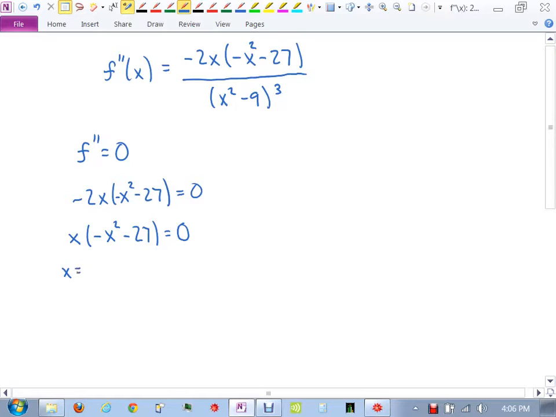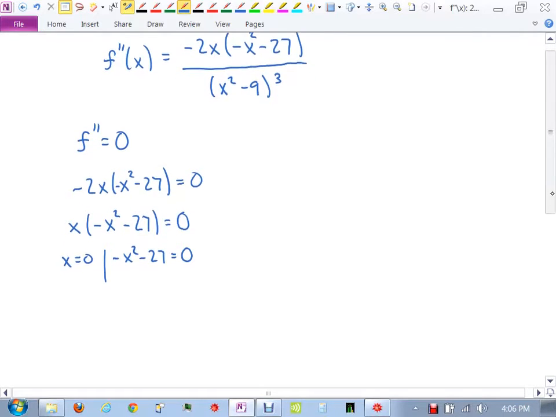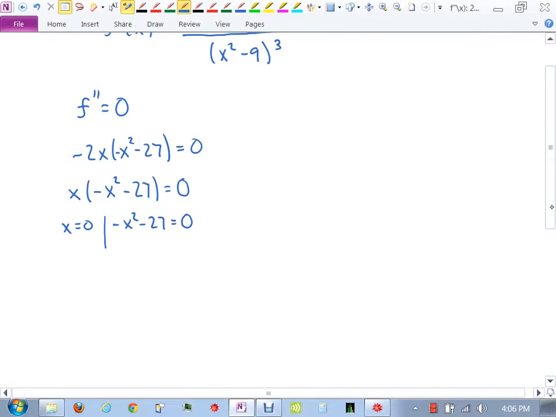I get two things. X equals 0 is one equation. Negative x squared minus 27 equals 0. So x equals 0 is one answer, right? What about the other equation? Move the x squared over. X squared equals negative 27.